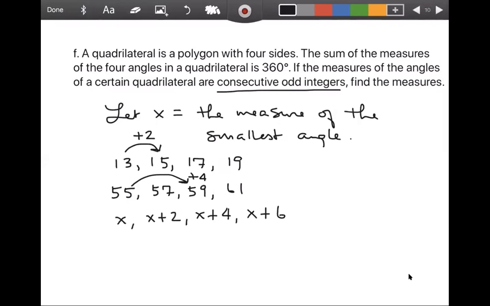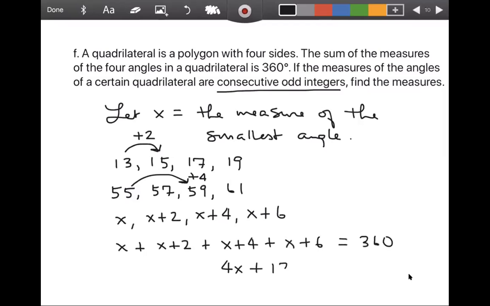So we want those 4 numbers to add up to 360. This time I'll write it without the parentheses. Combining like terms, I have 4 x's and 2 plus 4 plus 6 is 12.